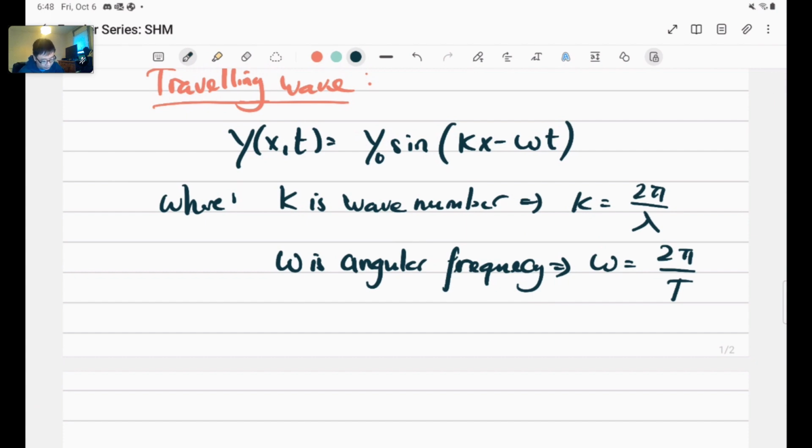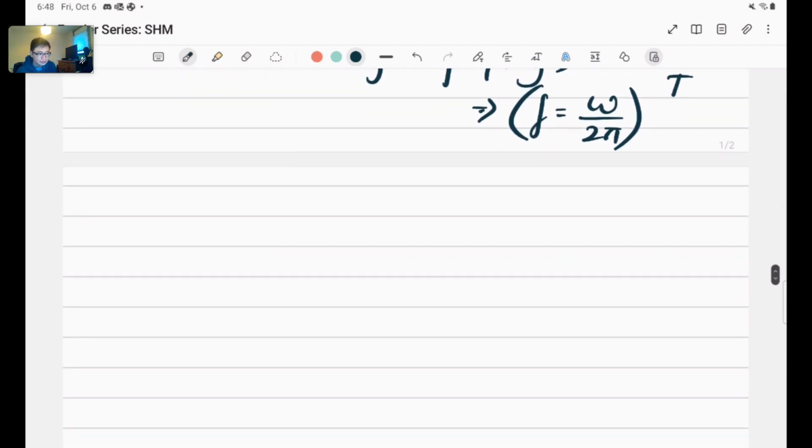And of course, if I want to find the normal frequency, then it's going to be omega over 2 pi. It's just flipping things around there, but this is something to keep in mind. All right, so what about the velocity from here?